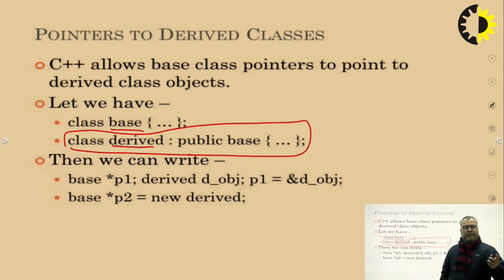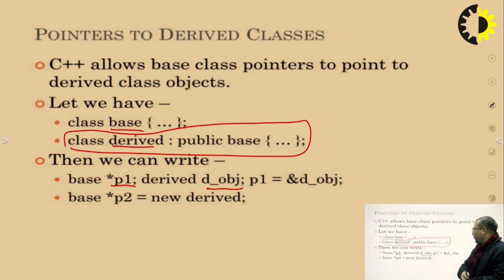Now we have created a base class pointer which will be pointing to the address of a base class object, like here P1. So we can simply create base asterisk P1, and we have an object d_obj, which is the object of the derived class, and similarly we can create b_obj, the object of the base class.